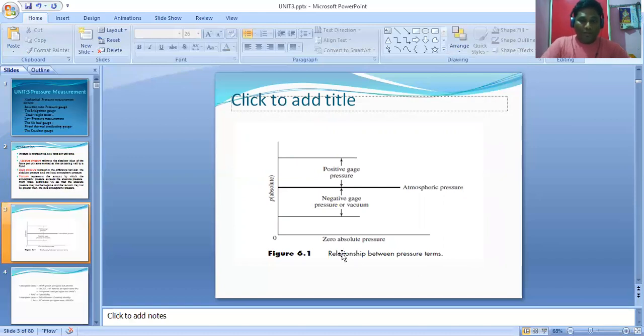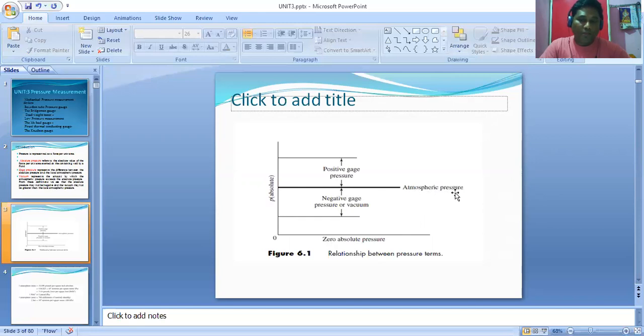Here, absolute pressure is denoted by B, and at the beginning is zero absolute pressure. The dark line is the atmosphere pressure. In between the zero absolute pressure and atmosphere pressure is the negative gauge pressure or vacuum.